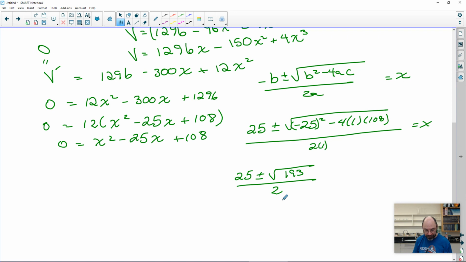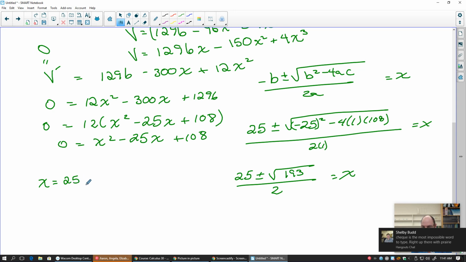That is approximately 13.9. So x equals 25, sorry about the chat there, plus or minus 13.9 over 2. So 13.9 plus 25 divided by 2 equals 19.45, or say 19.5.